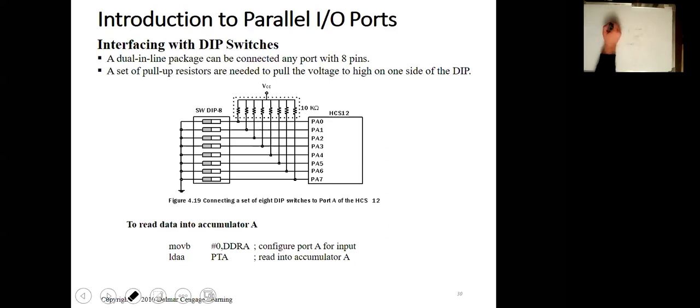Okay, so basically we might need to interface the microcontroller with a switch, which can open or close, regardless of whether it is a push button or a dip switch.